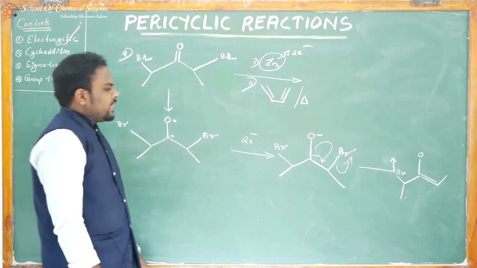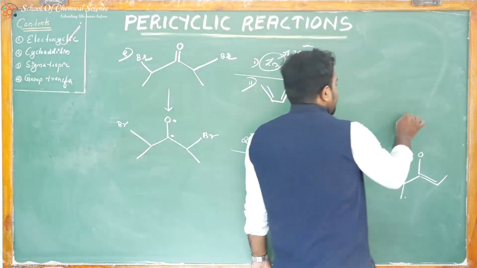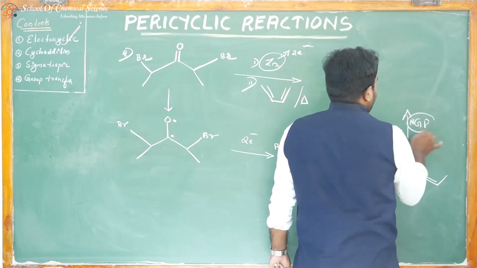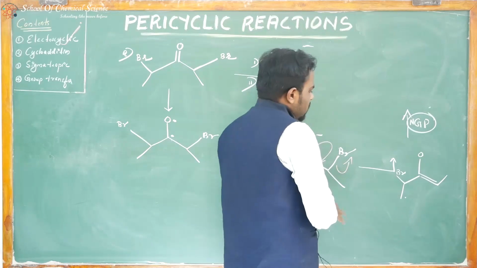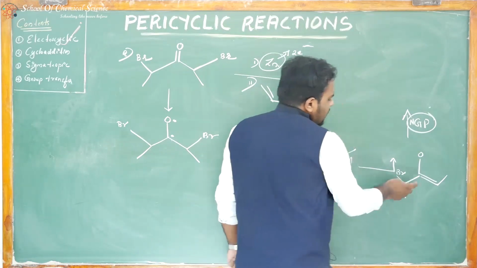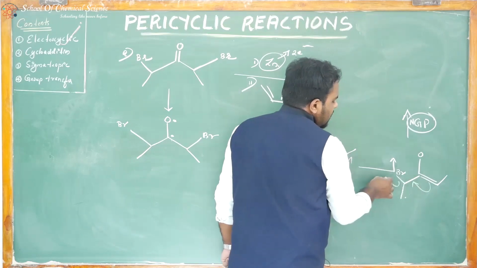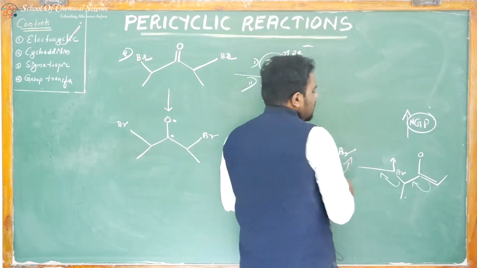Okay. Then next step, the second bromine is eliminated with the help of the neighboring pi bond, neighboring group participation. With the help of this neighboring pi bond, this pi bond will shift towards here. This bromine is eliminated.